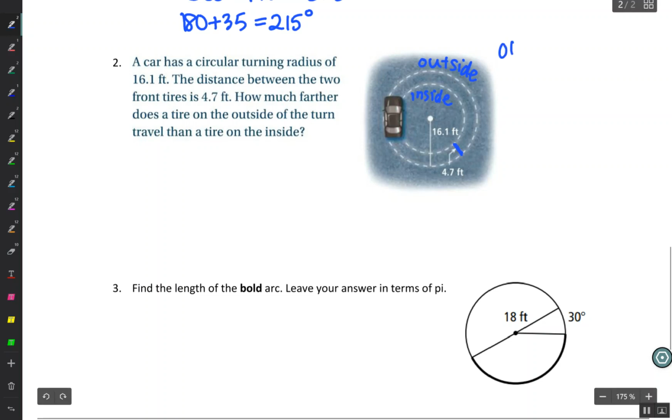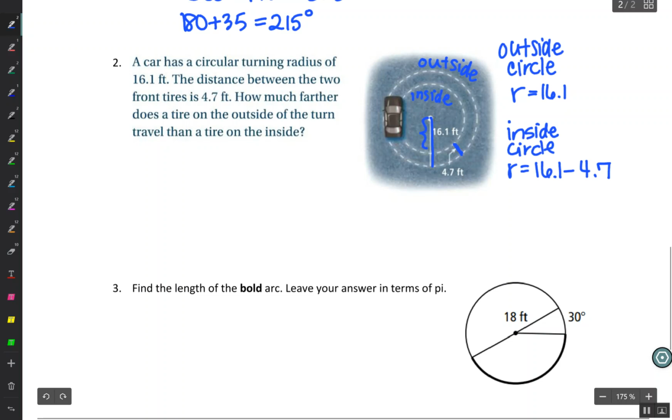The outside circle has a radius of 16.1. The inside circle is from here to here, so we subtract 16.1 minus 4.7 to get 11.4.